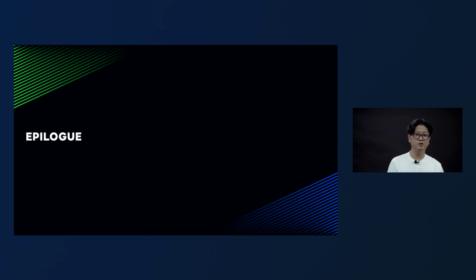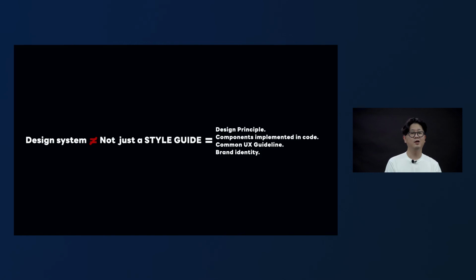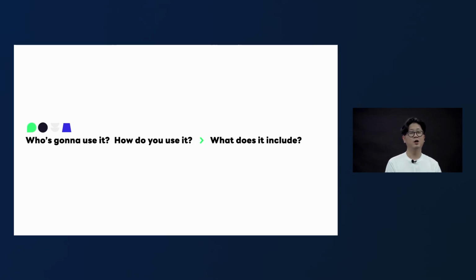Lastly, I want to share the thoughts and insights that I learned while establishing the design system. Design system is not just a style guide. In the design system, style guide, foundation, component, and UX guideline should be included, and also the design philosophy of the brand should be included.